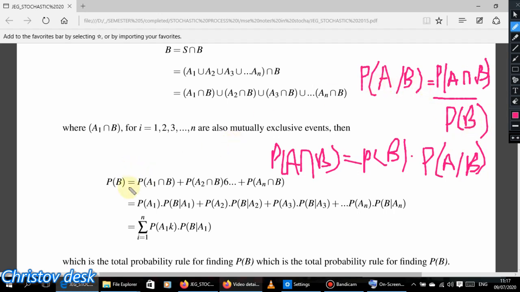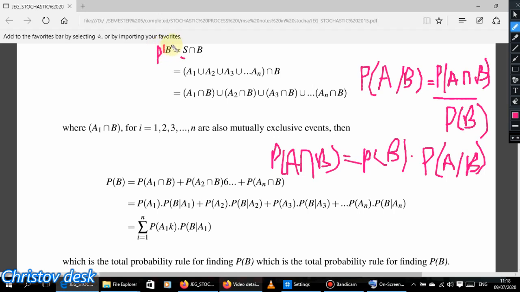So remember that in this set, S is a partition, so S is the union of A1, A2 up to AN. We just multiply, kind of take it through: A1 intersection B, A2 intersection B, in that order.